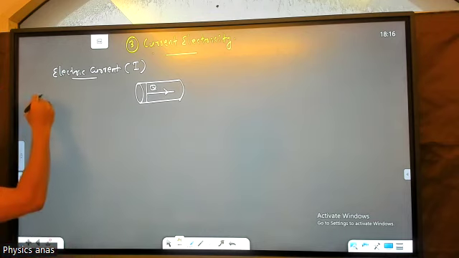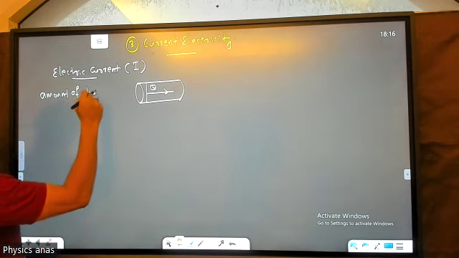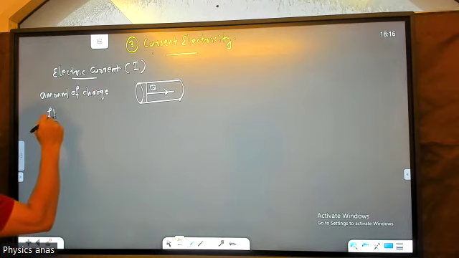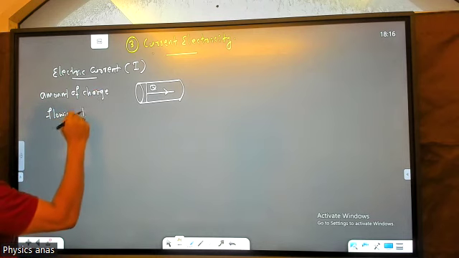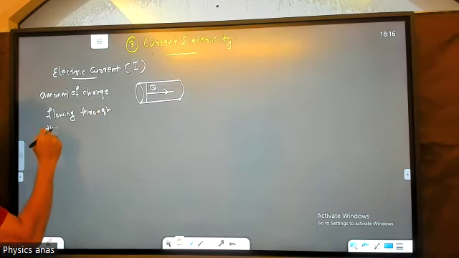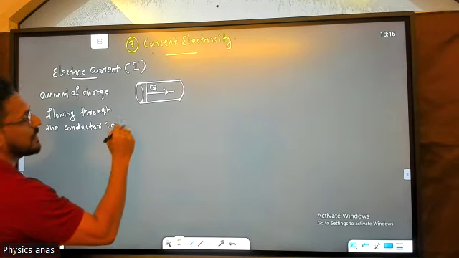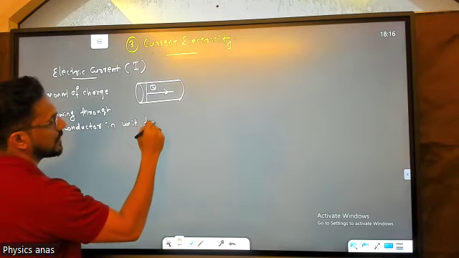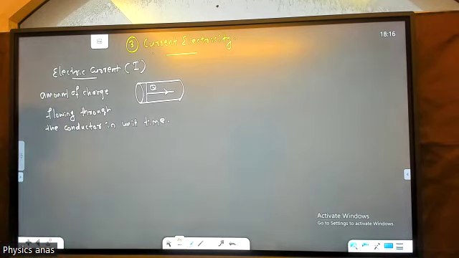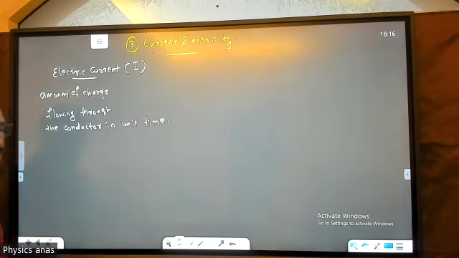It is the amount of charge flowing through the conductor in unit time. Got it? Now that's current.